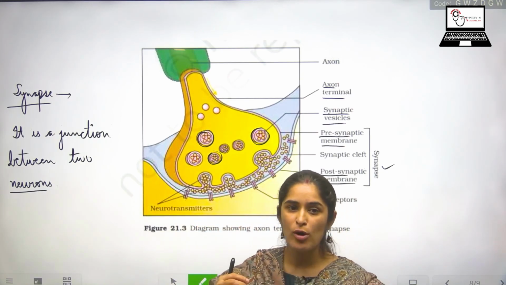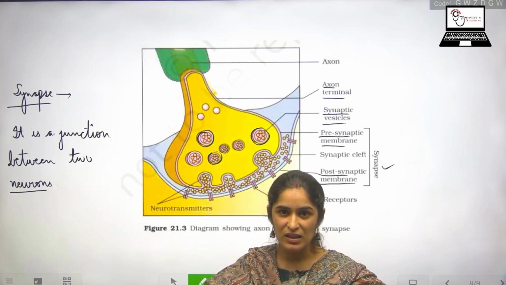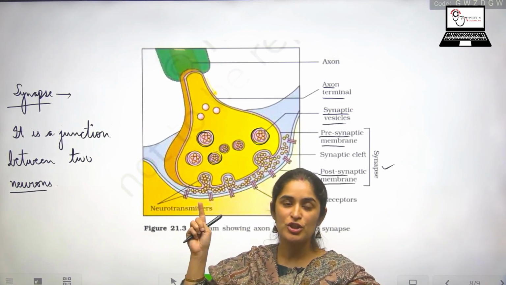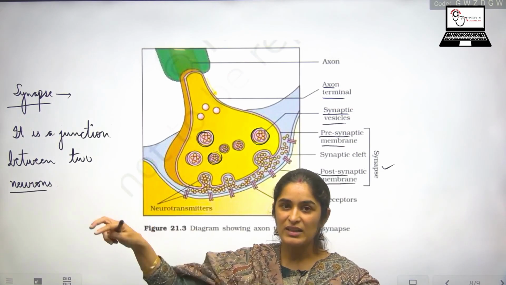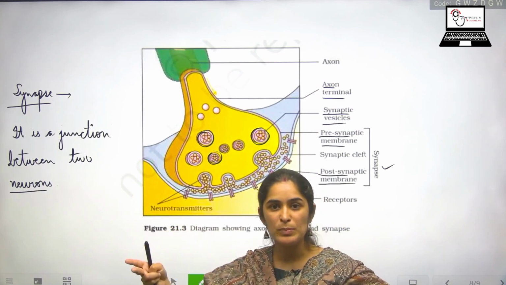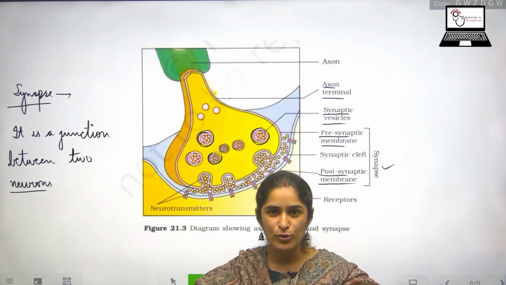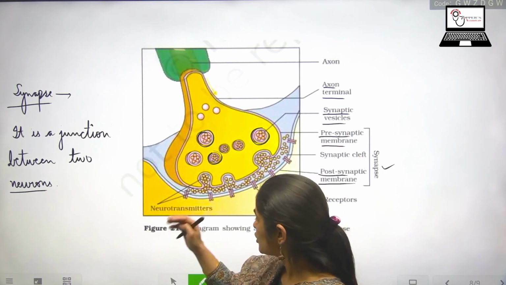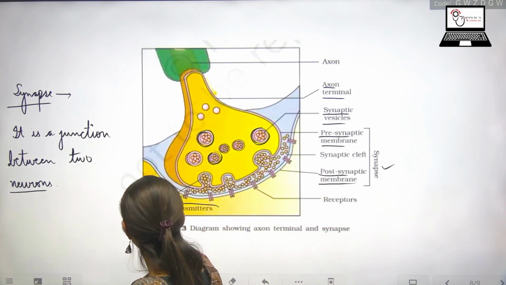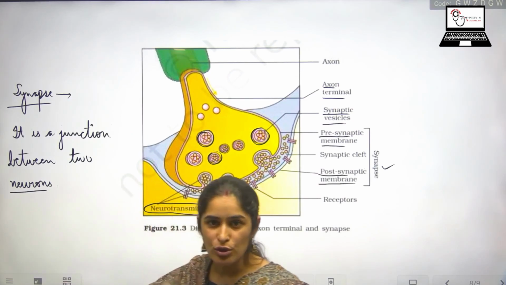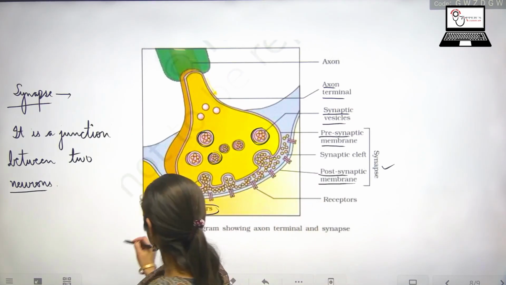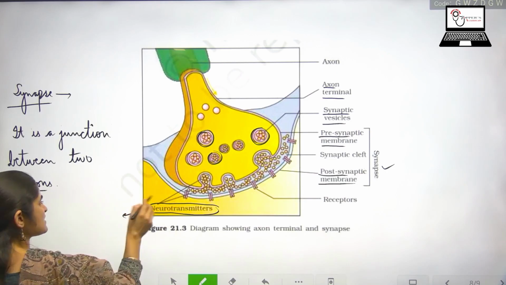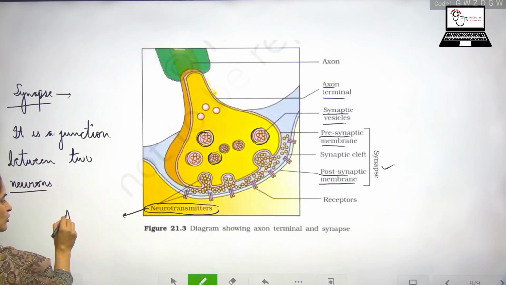If it is in the form of an electrical signal, that is a nerve impulse. So a nerve impulse may be a chemical signal or an electrical impulse. Here we are talking about the chemical signal, that is, the neurotransmitter. And basically the neurotransmitter present in the synapse is acetylcholine.